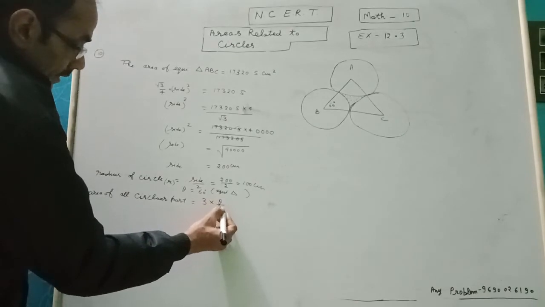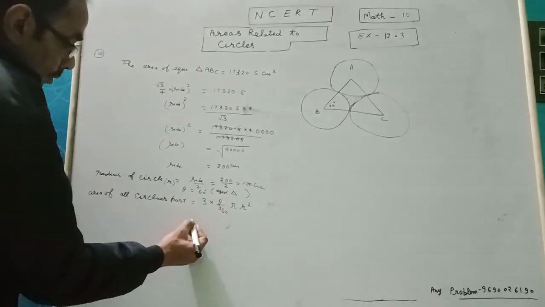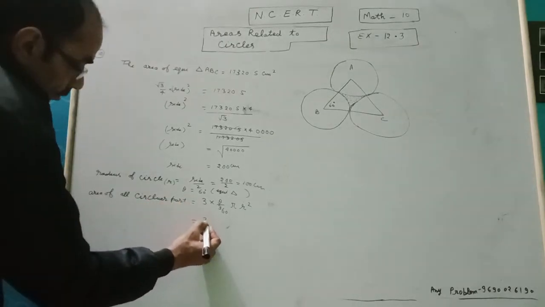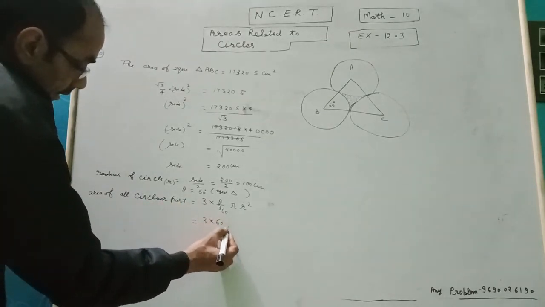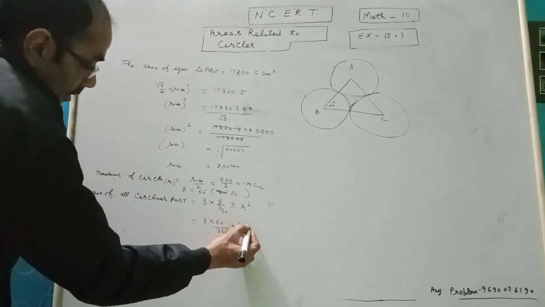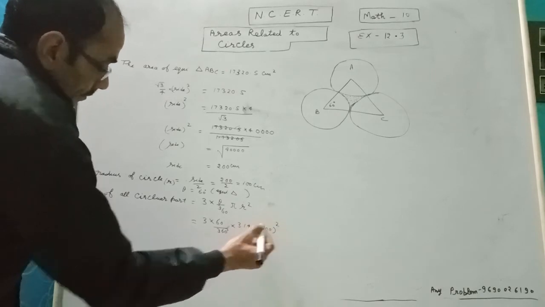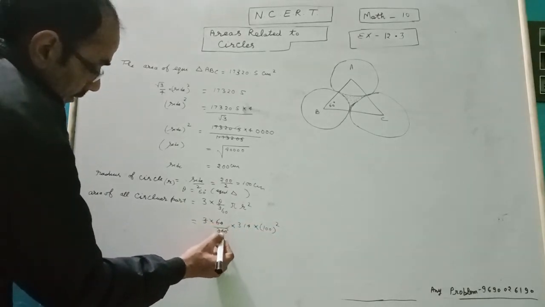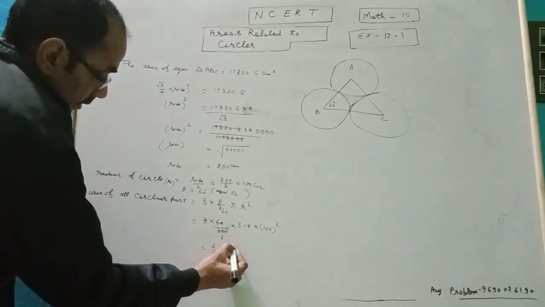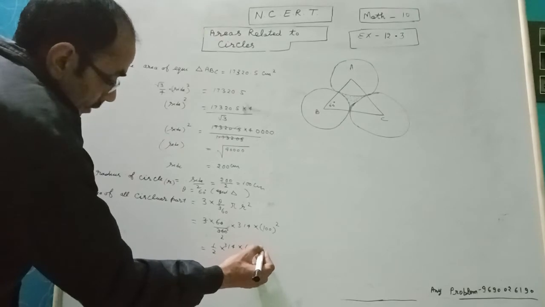Theta upon 360 pi r square is the formula for each sector. 3 into theta value 60 degree upon 360, pi value is 3.14, r value is 100. 1/2 into 3.14 into 100 into 100.